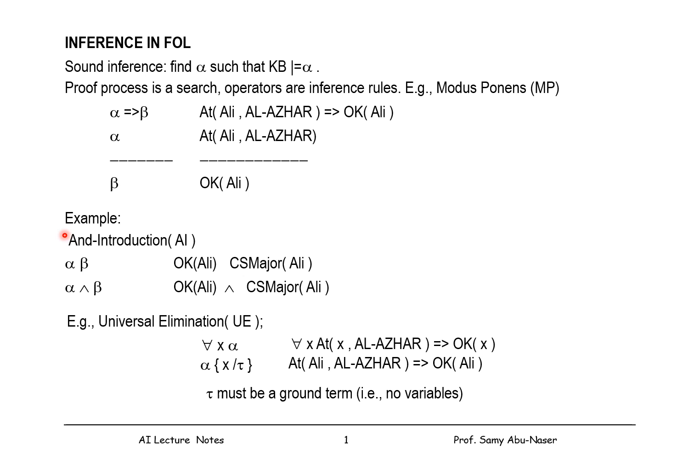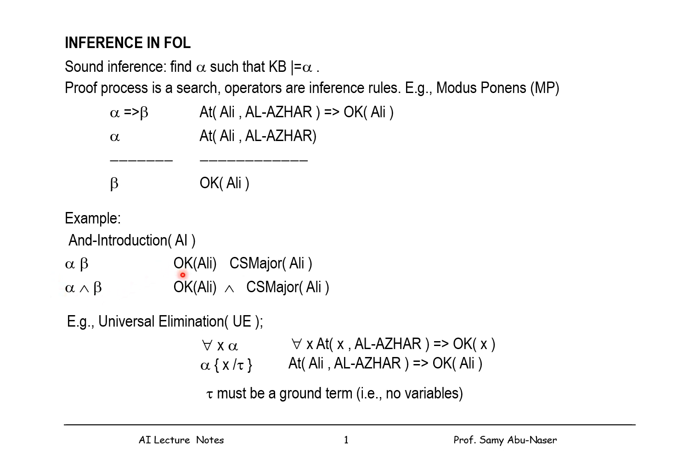Example: and introduction. If we have two sentences, one sentence alpha and the second sentence beta, we can combine them with and, like alpha and beta.